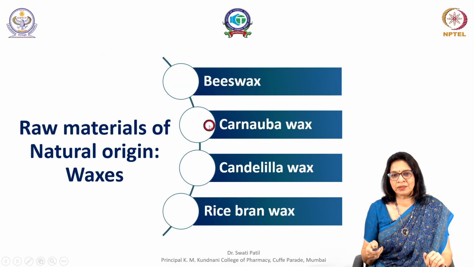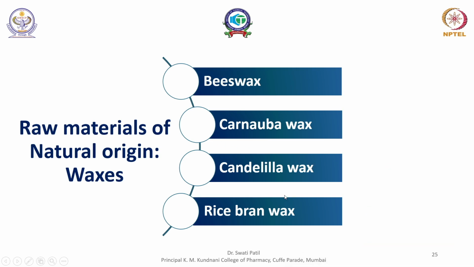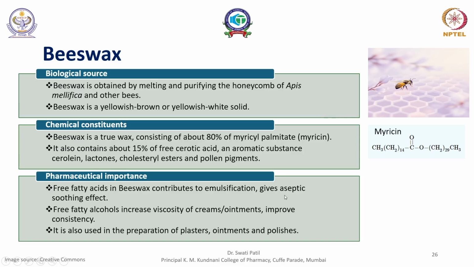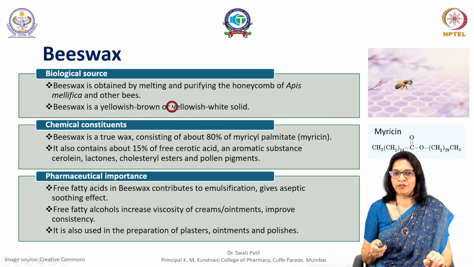Let us look at the waxes from natural origin: carnauba, candelilla, and rice bran wax. Beeswax is obtained, and this is the only wax from the animal source which we are discussing, from the honeycomb of Apis mellifica, and it contains 80% of myricyl palmitate.